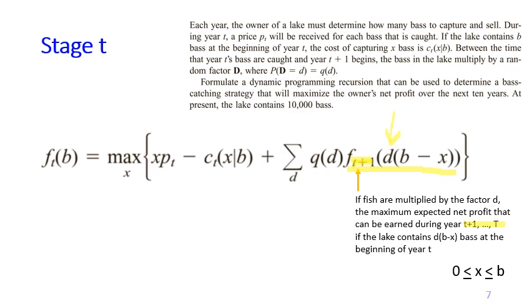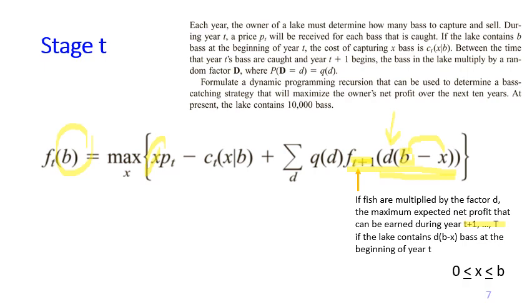So remember that b is the bass that you have at the beginning of this year. X is the number of fish that you catch this year. So the remaining fish in the lake is b minus x, what you have at the beginning of the year minus what you catch this year. And then next year, they will be multiplied by the factor of d. So next year, you will have d times (b minus x) fish.